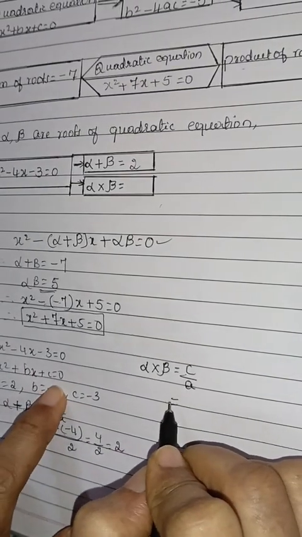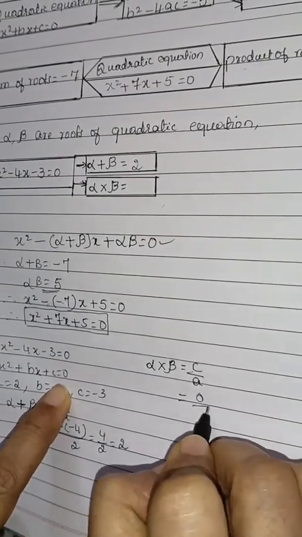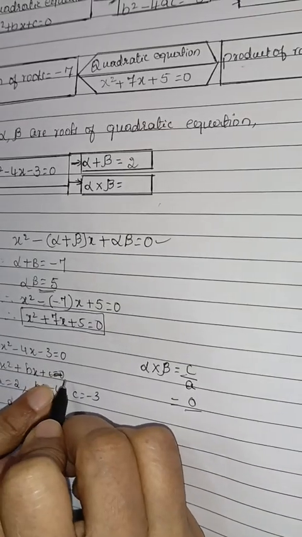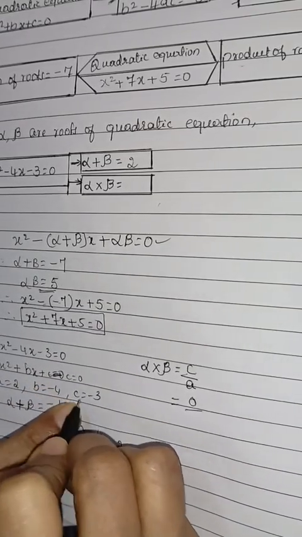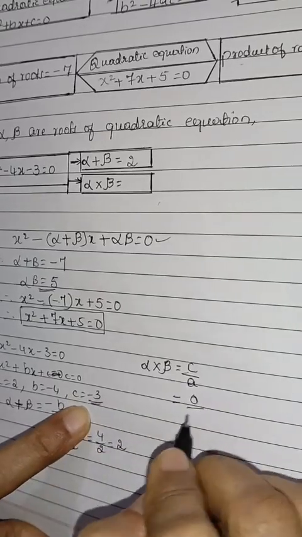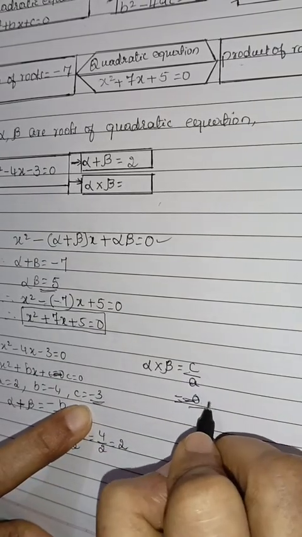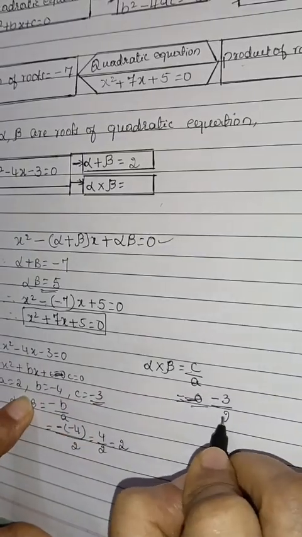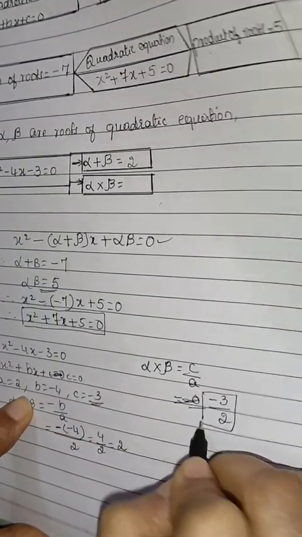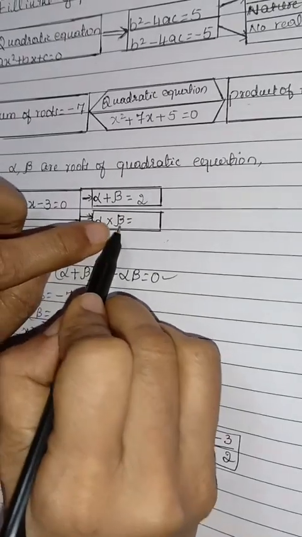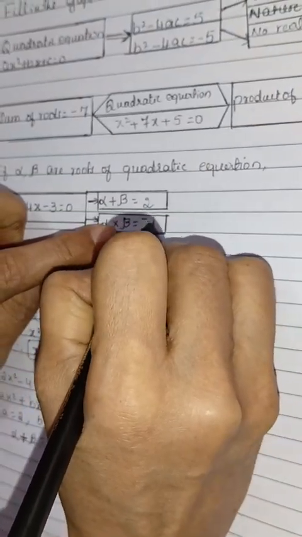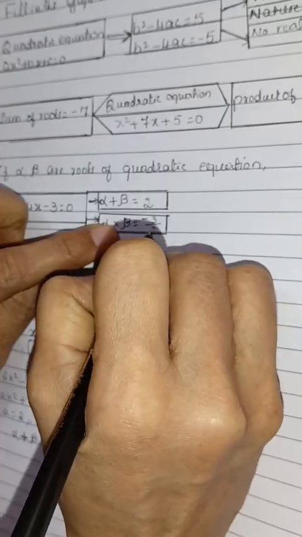C is -3, a is 2. This is the answer. So we write alpha into beta is -3 by 2.